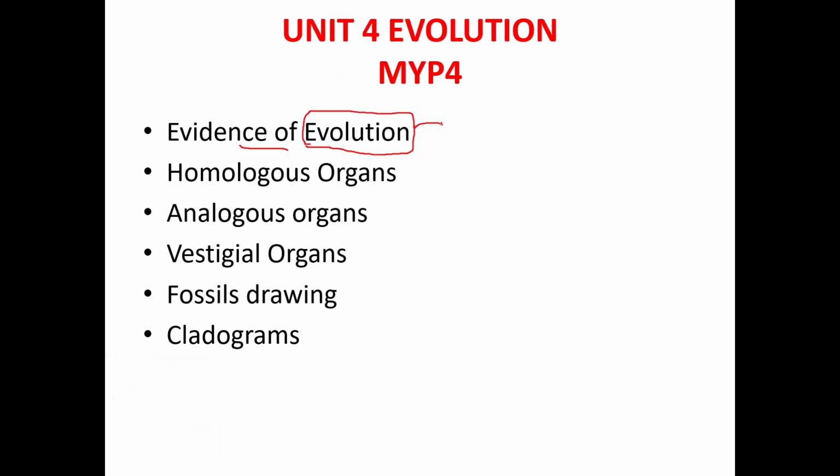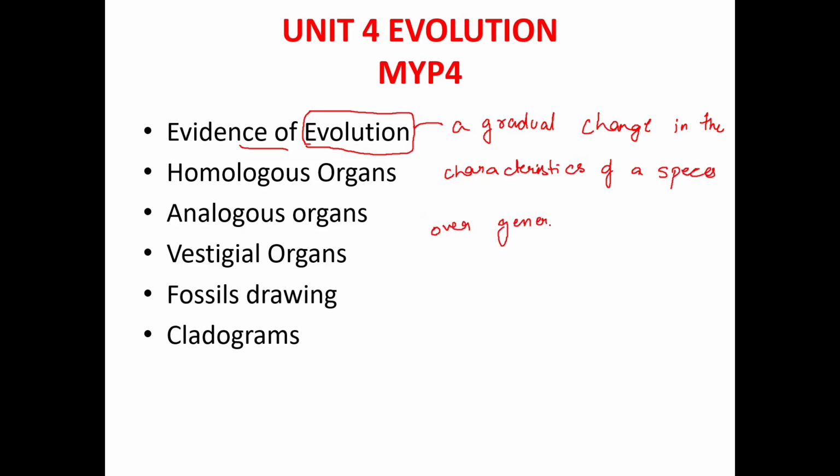For recalling, evolution is a gradual change in the characteristics of a species over generations. It explains how living things have changed and adapted over millions of years to survive in the environment.